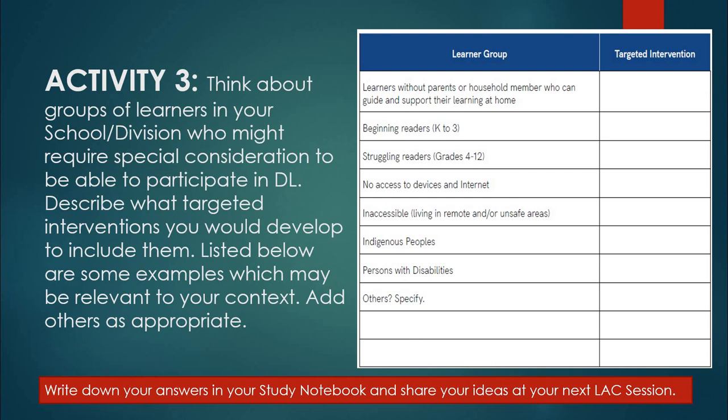So we have this table. How will you use this? Of course, we have the group of learners and the targeted intervention. For example, you are going to use the modular distance learning delivery modality, so you will be giving out modules. But what if you have students who have difficulty in reading?